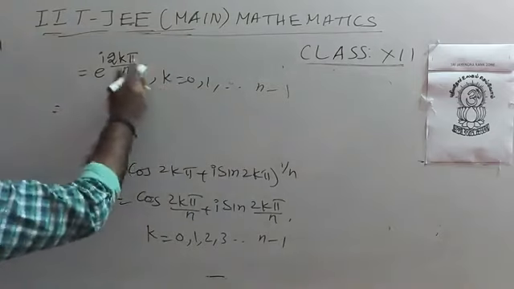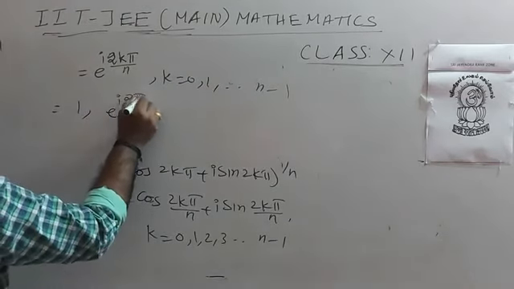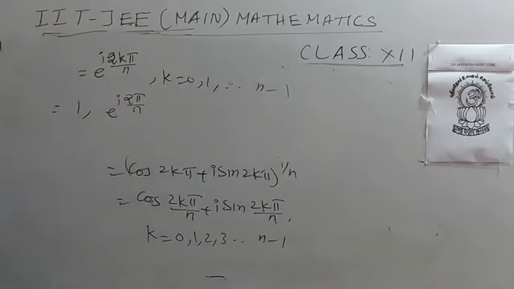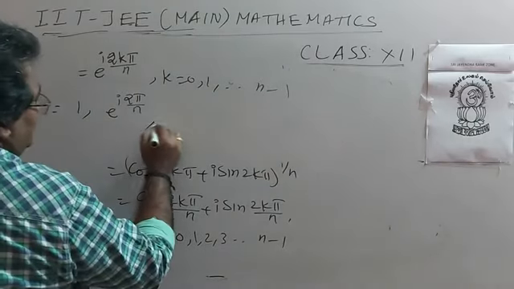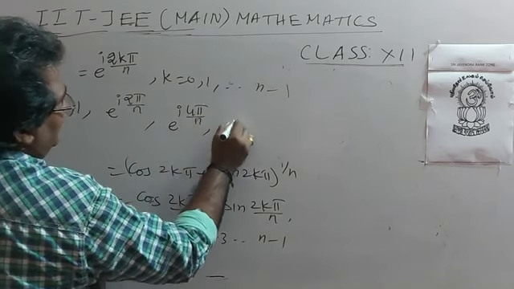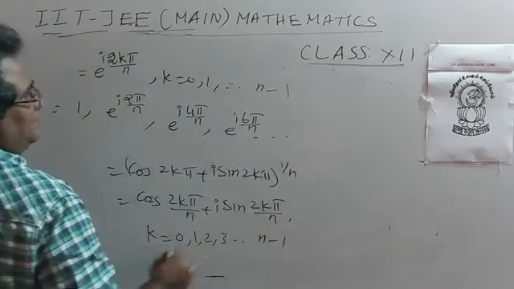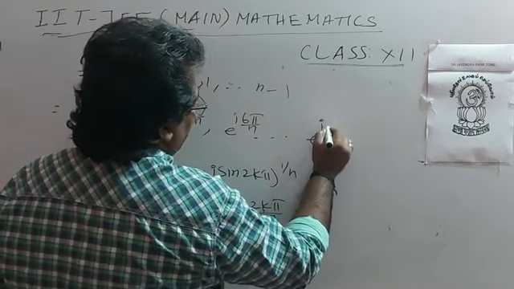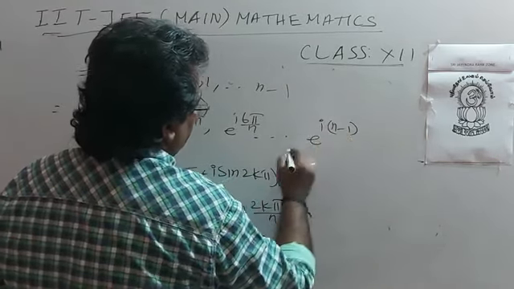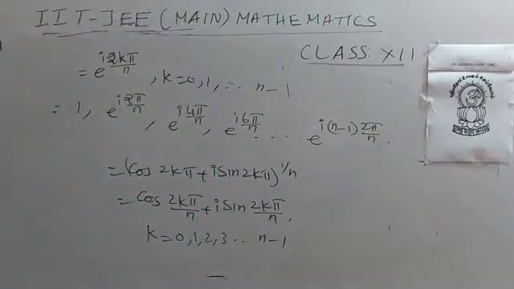If you apply 0, you will get answer 1. Then e power i 2 pi by n, e power i 4 pi by n, e power i 6 pi by n, etc., up to e power i (n minus 1) 2 pi by n.